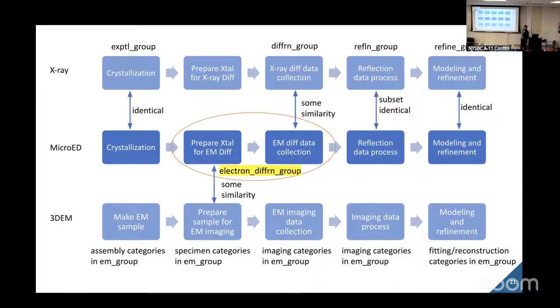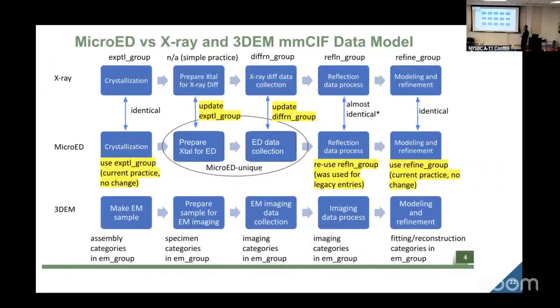But this received pushback in the past year, because experts said that you should maximize the usage of the existing metadata attributes with other methods, such as X-ray, because it's a subset of the diffraction method. So what we have done is change this to this organization, which means we're going to resemble the metadata collection process as that of X-ray.